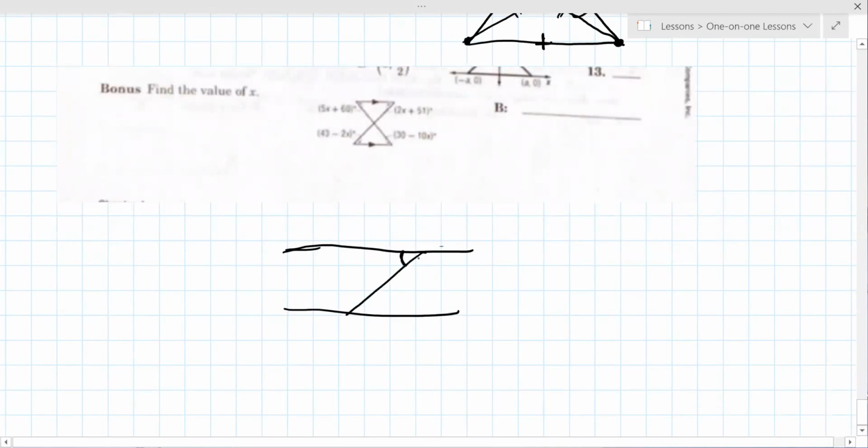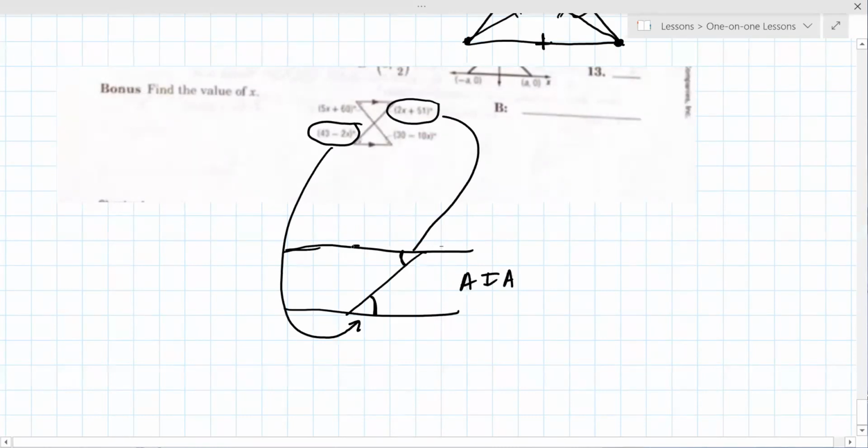That means that this angle is congruent to this angle. And this one is this one right here. And this one I'm circling is this one down there. Since they're alternate interior angles, because these are parallel and this is a transversal that cuts them, they're congruent, so you can just set them equal to each other: 2x plus 51 equal to 43 minus 2x.